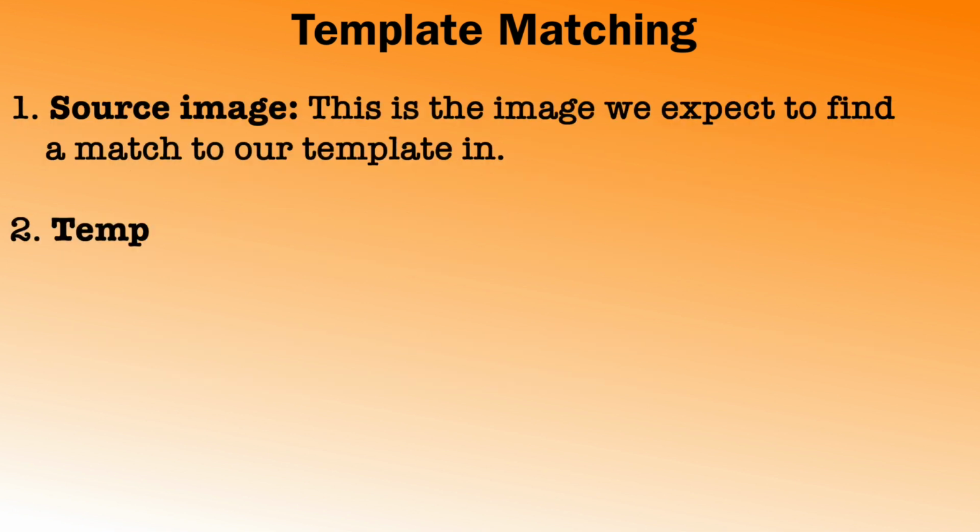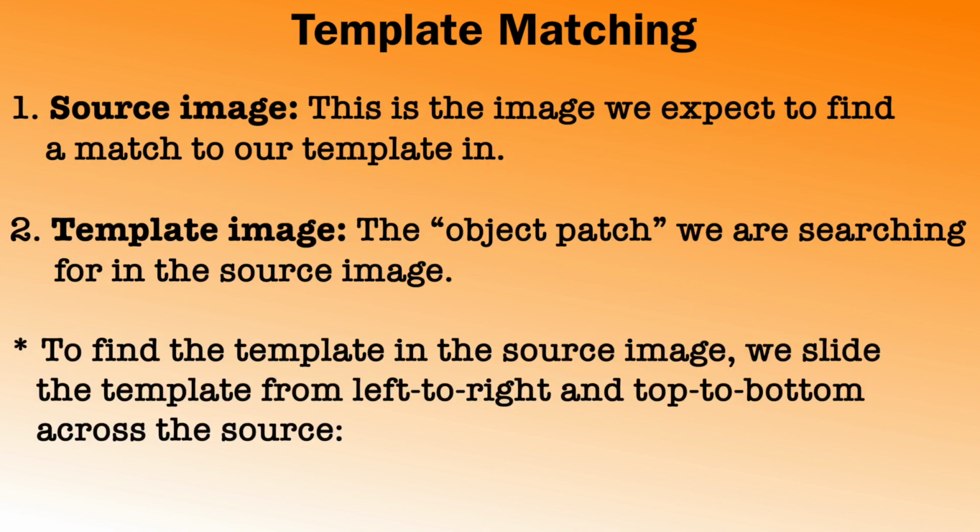First one is the source image. This is the image in which we expect to find a match to our template. And the second one is the template image, the object patch we are searching for in the source image. So these two images are required for template matching, that is source and template image.